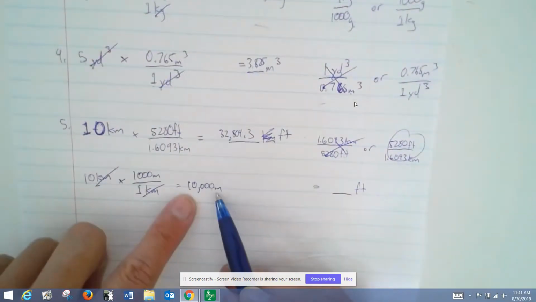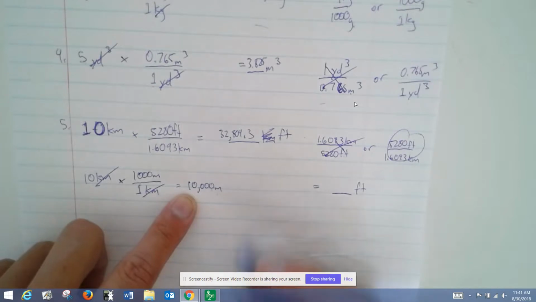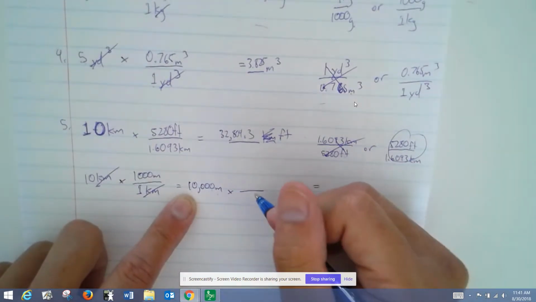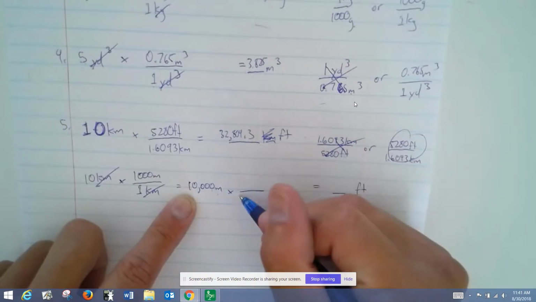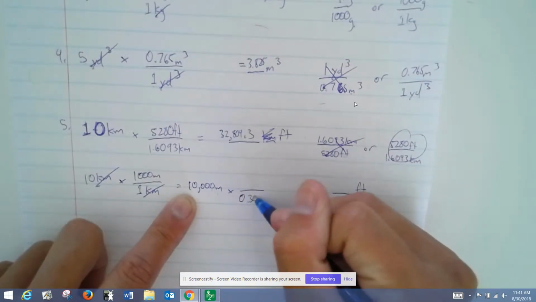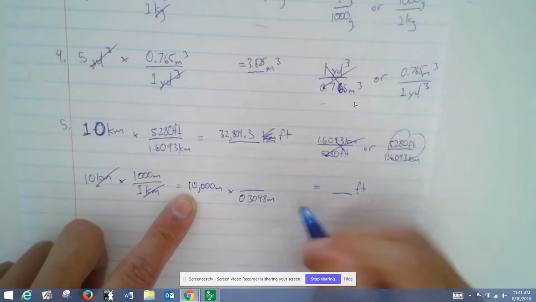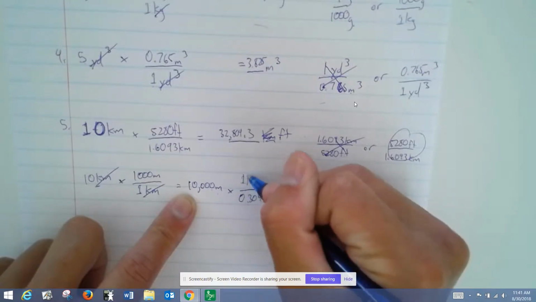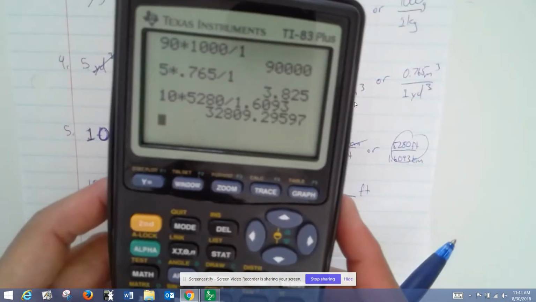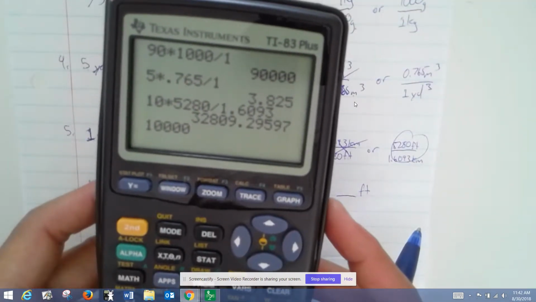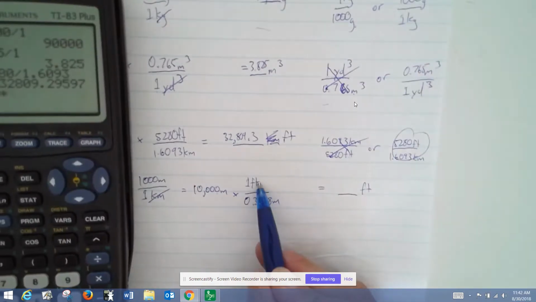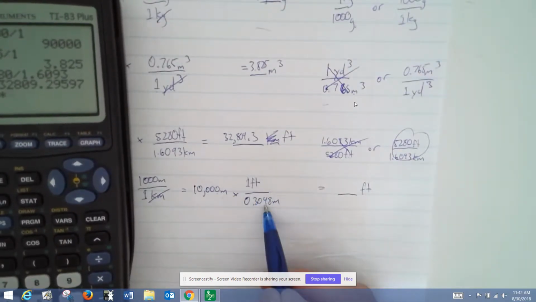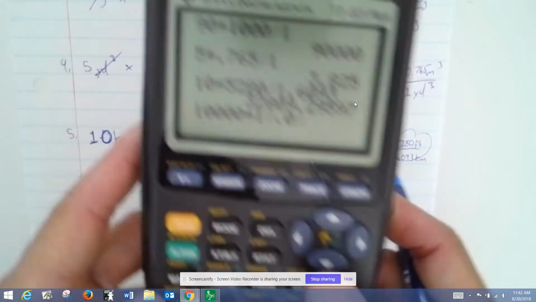I need to cancel the unit of meters, so I can multiply by 0.3048 meters over 1 foot, flipped so meters cancel. So that is going to be 10,000 times 1 divided by 0.3048.